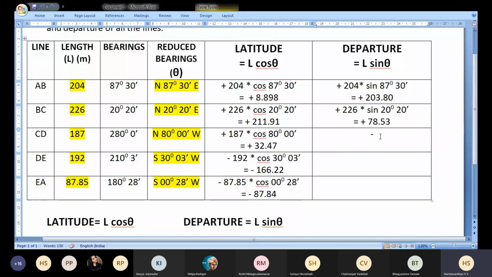So minus, length is 187, L sine theta, where theta is the reduced bearing, equal to 80 degrees. So the answer will be minus 184.15.